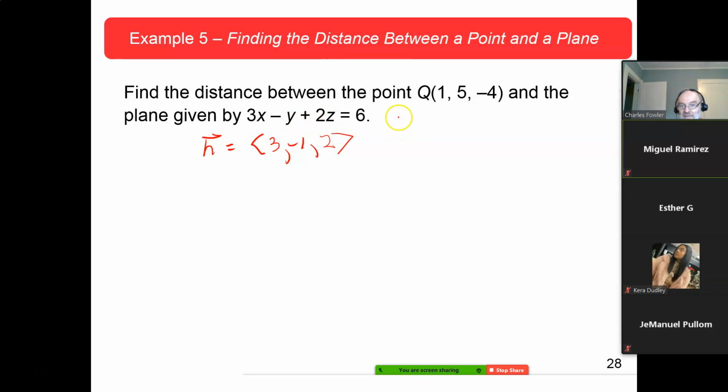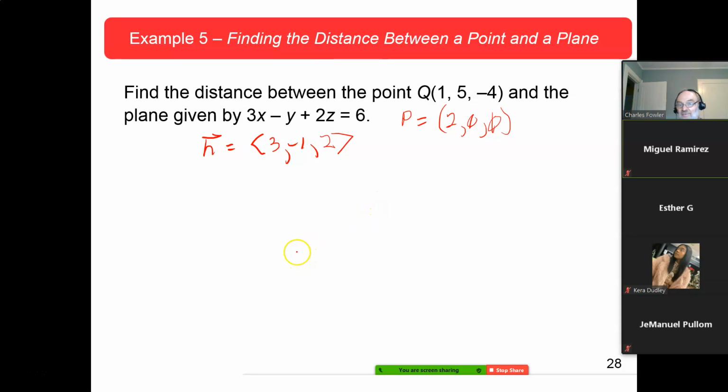So the point, I'm going to call it P, is equal to (2, 0, 0). That point is in this plane, because 3 times 2 is 6, minus 0 plus 0 is 6. That point P is on that plane. This point Q is not.